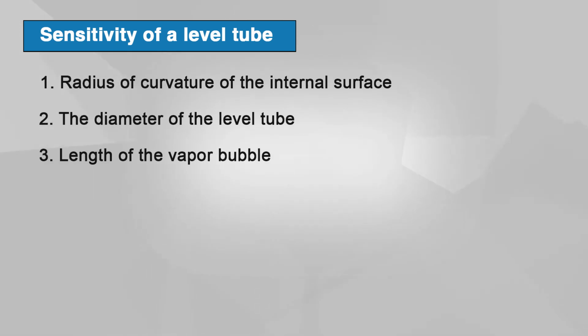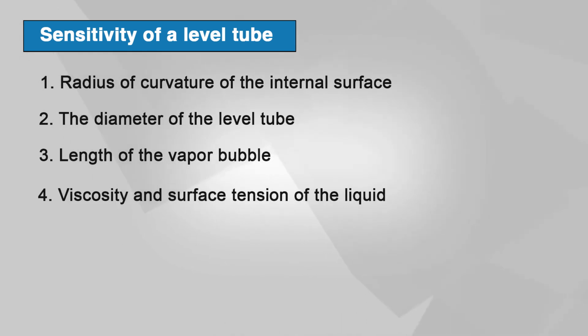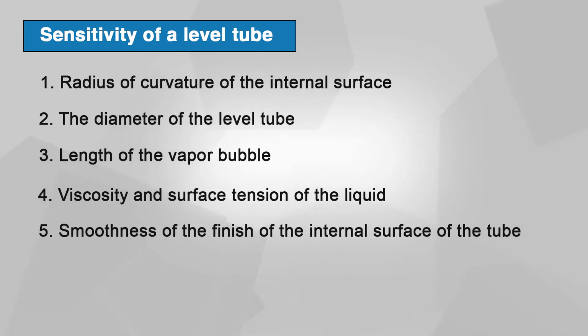Thirdly, the length of the vapor bubble. Larger the length, greater is the sensitiveness. Then the viscosity and the surface tension of the liquid. Lesser the viscosity, more is the sensitiveness. And lastly, the smoothness of the finish of the internal surface of the tube. So, greater the smoothness, more will be your sensitivity.